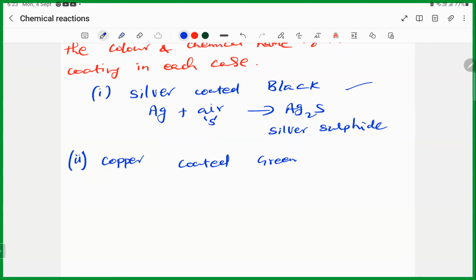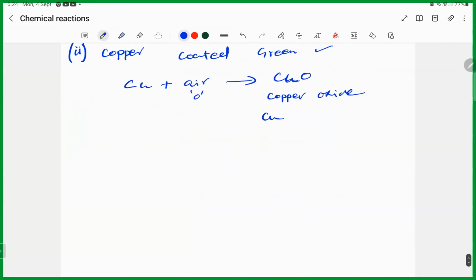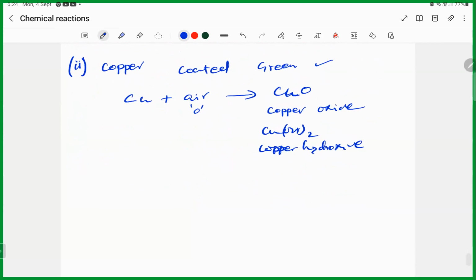What is the chemical compound? Copper hydroxide. With moisture, copper oxide forms, and it becomes copper hydroxide. Copper oxide is Cu2O, and if left longer, it turns blacker.